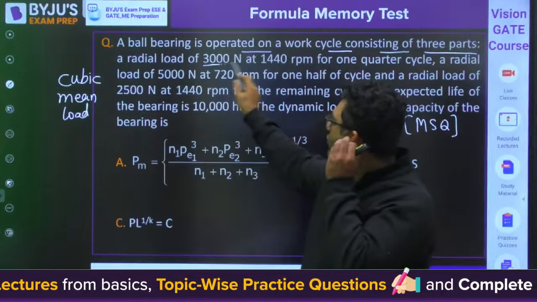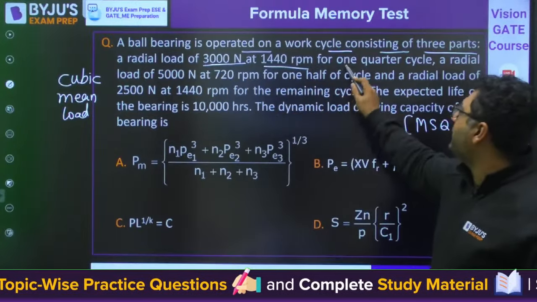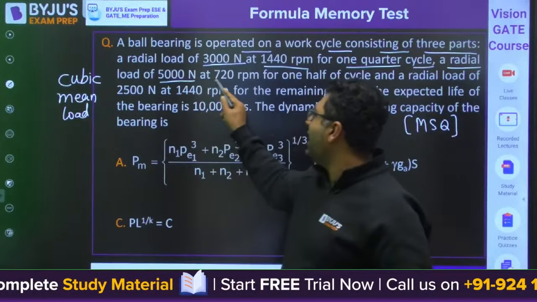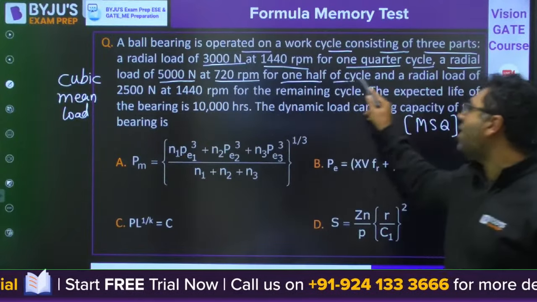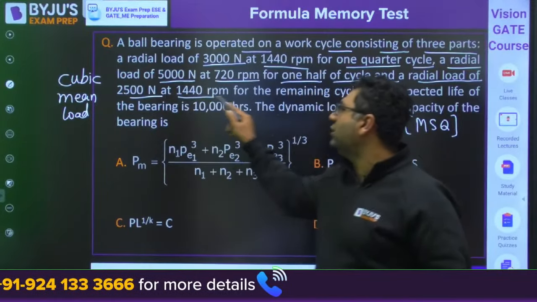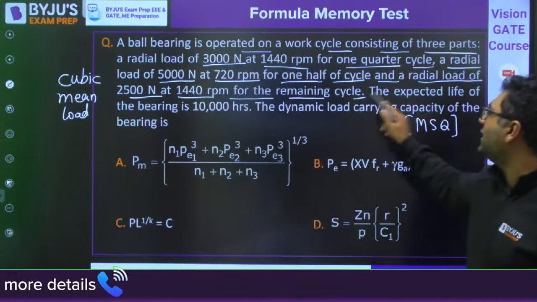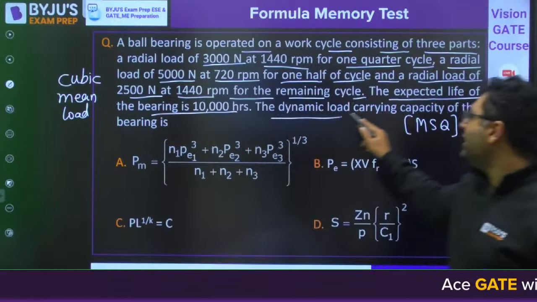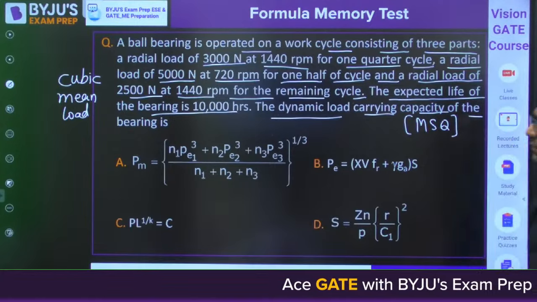One is a radial load of 300 Newton at 1440 RPM for one quarter cycle. Radial load of 5000 Newton at 720 RPM for half of the cycle. Radial load of 2500 Newton at 1440 RPM for the remaining cycle. The expected life of the bearing is this. The dynamic load carrying capacity of the bearing is.